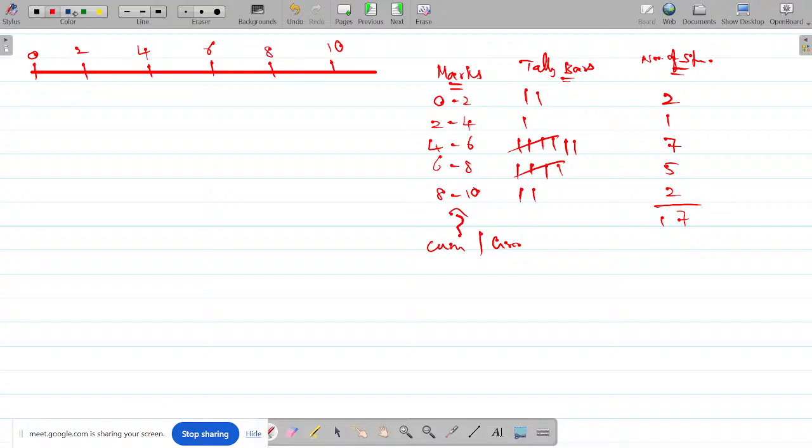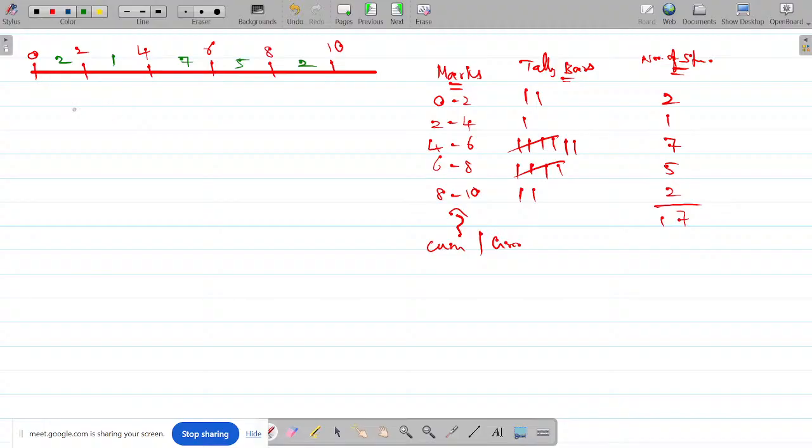Number of students in the 0 to 2 range, it's 2, 1, 7, 5 and 2. In that situation, how many students have got less than 6 marks? Because usually we'll have this question, right? How many got above 8? How many got below 6?